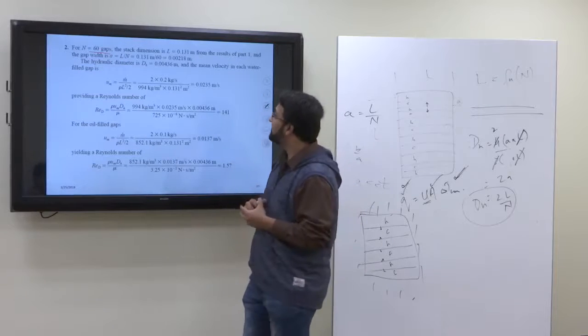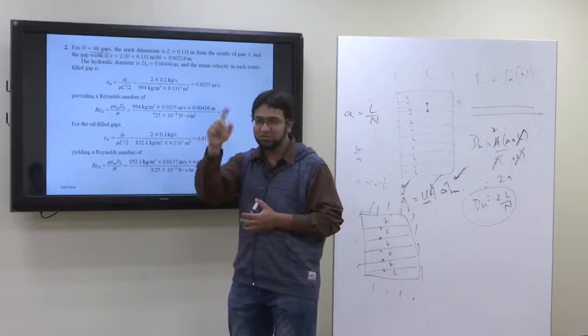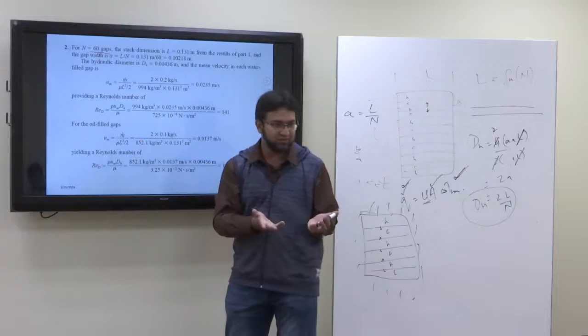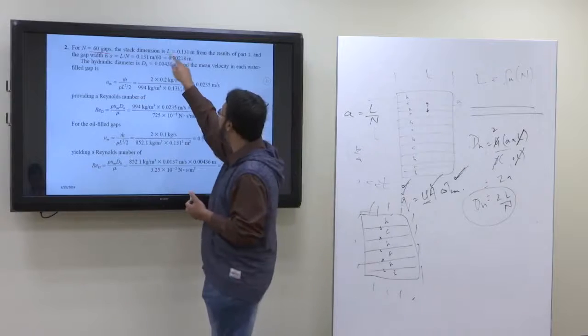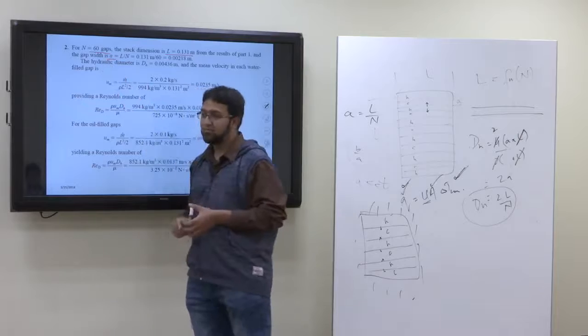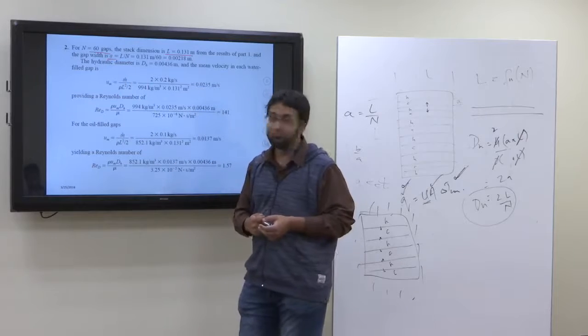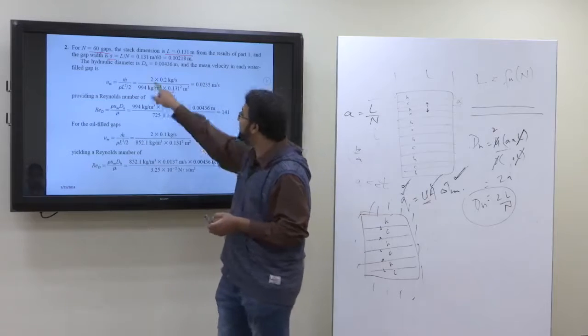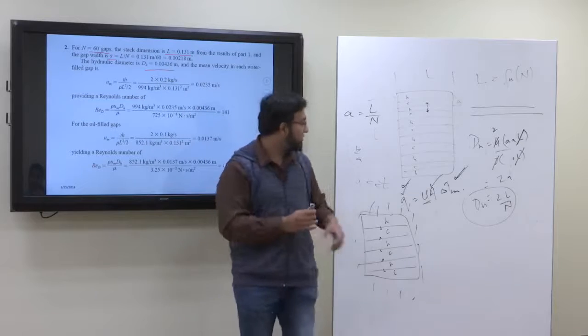If the number of gaps is 60, then we know what the length is, because length as a function of N we determined. So we know L, and we know A, because A is L by N, and we know the hydraulic diameter, because hydraulic diameter is 2A.